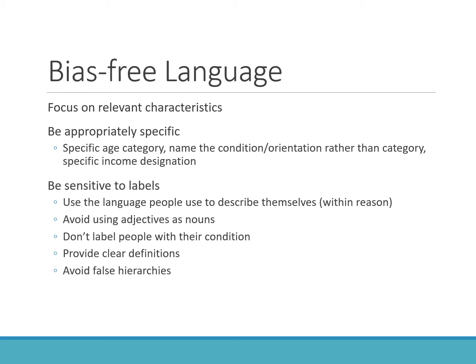So when we talk about things like age, don't just say under 18. If you're talking about teenagers, you'd want to be specific in mentioning ages 15 to 18 or whatever that age range is, because under 18 can mean a lot of things.